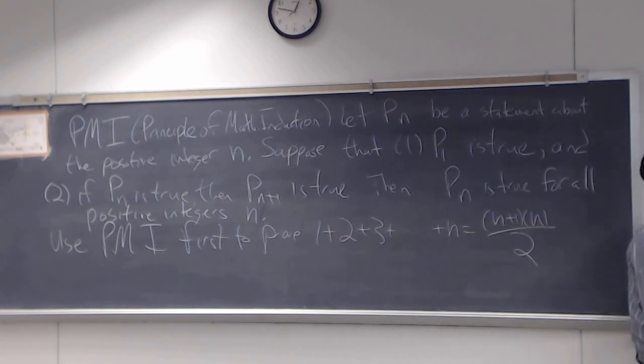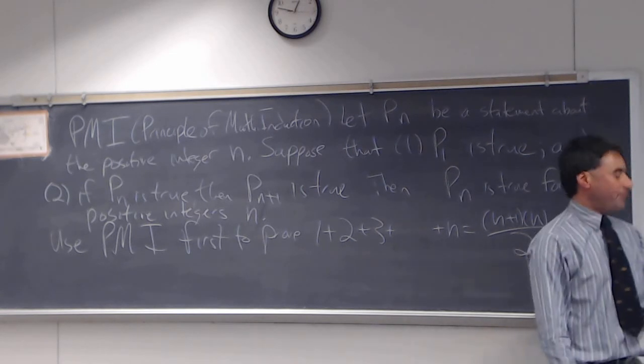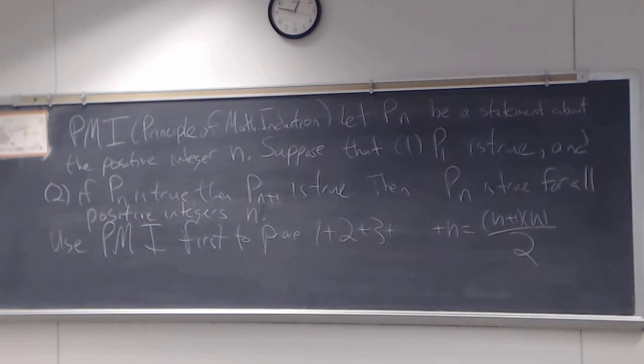The inductive step. And again, this is in the notes as well. What we do is we assume 1 plus 2 all the way up to n is given by that formula.